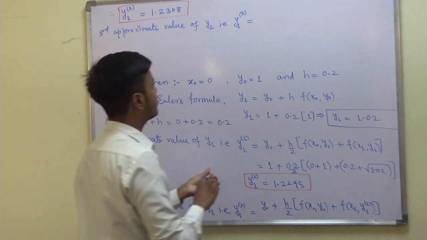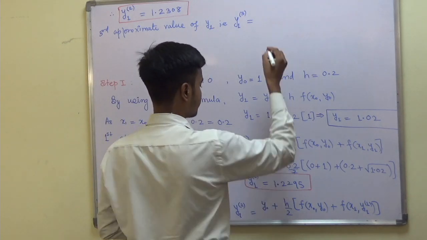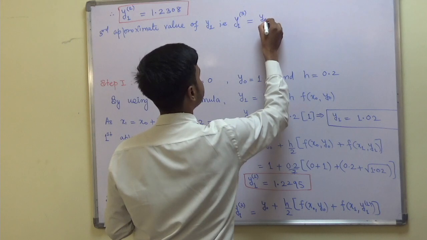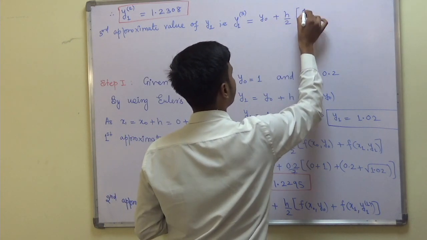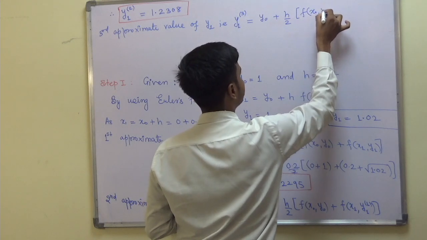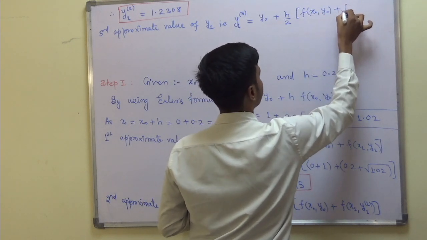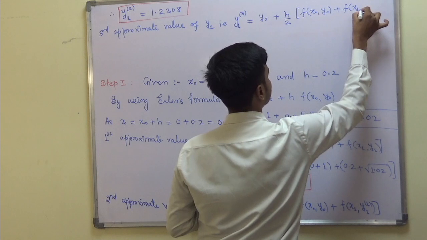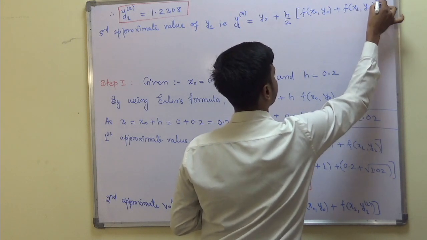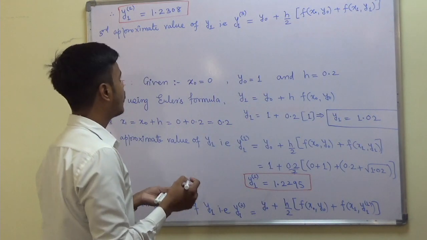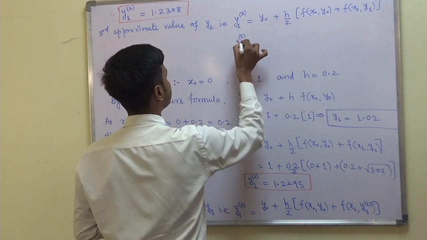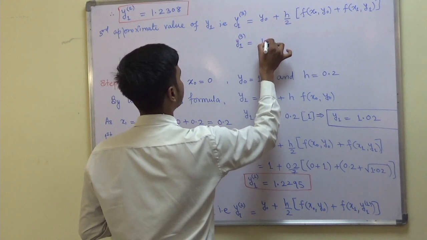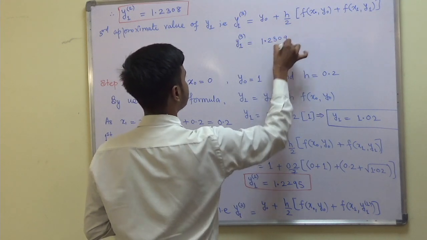So what is y13? y13 is y0 plus h by 2 into f of x0 y0 plus f of x1 y12. Okay, now substituting all these values, you will get y13 is equal to 1.2309.